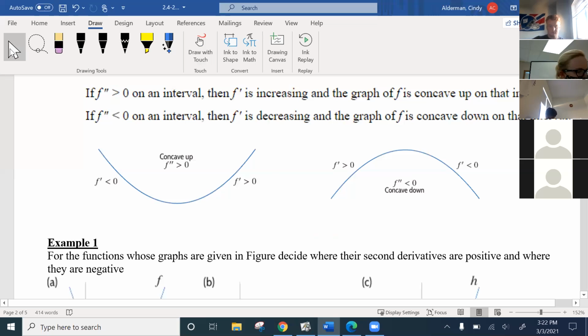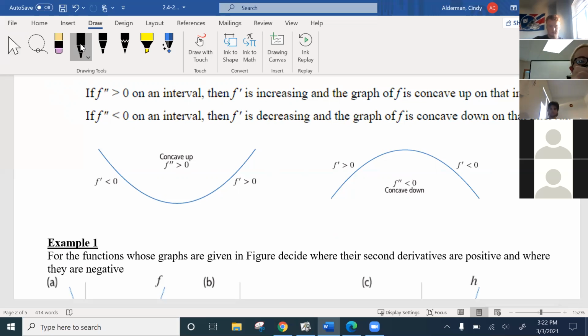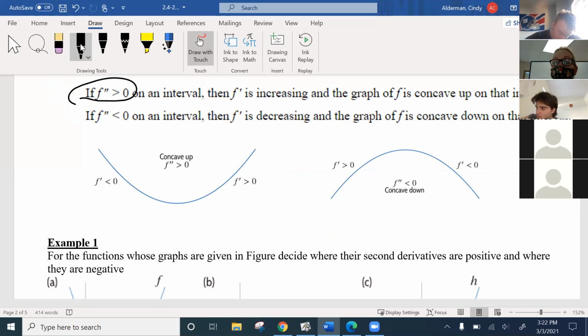Okay. So first thing, if f double prime is above the x-axis, greater than 0 on an interval, then f prime is increasing and f is concave up, right? Now, notice too that this is always true. If this is above the x-axis, then f is concave up.